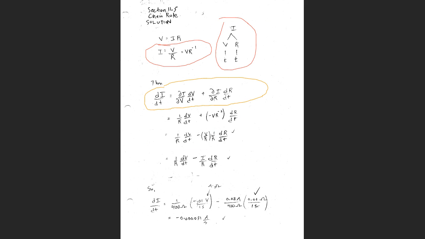Notice that in terms of units, what would the units be for this rate, dI/dt? That's right, good, Charles. They'll be amperes over seconds.